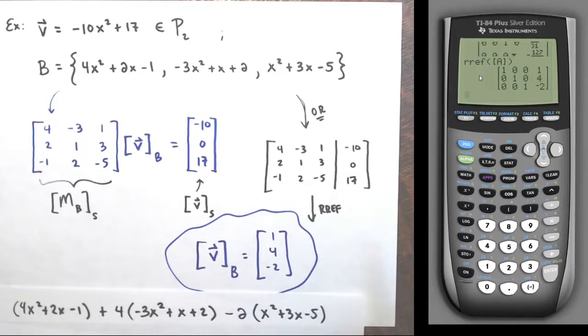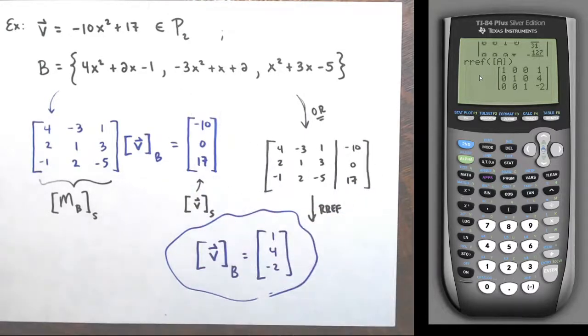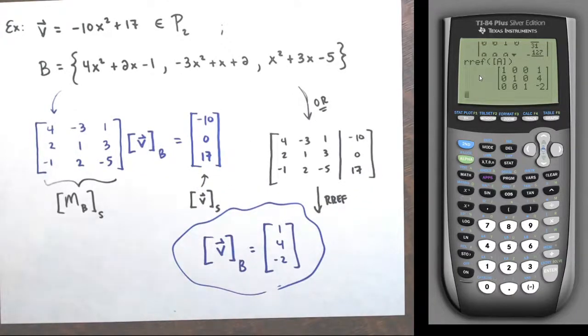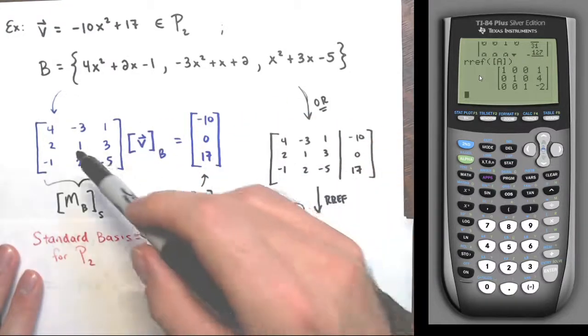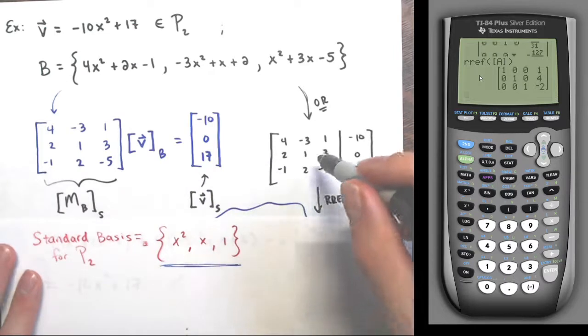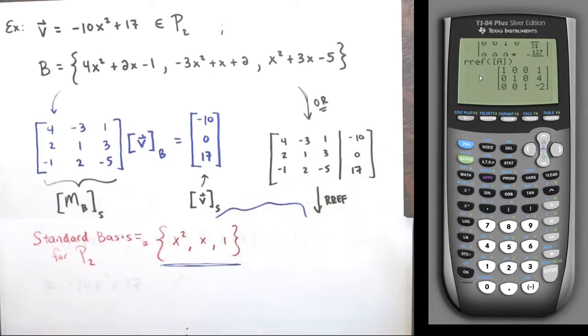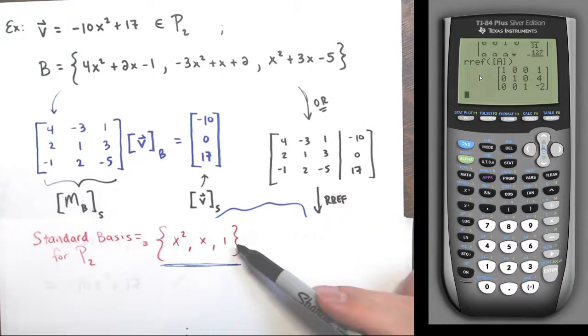All right, so again, the shortcut I did, where I just wrote this matrix equation or this augmented matrix, you can only really write these if you know the standard basis for the vector space you're working in.